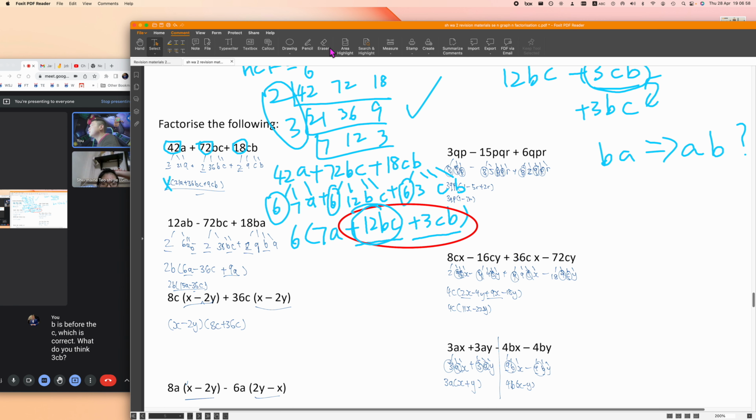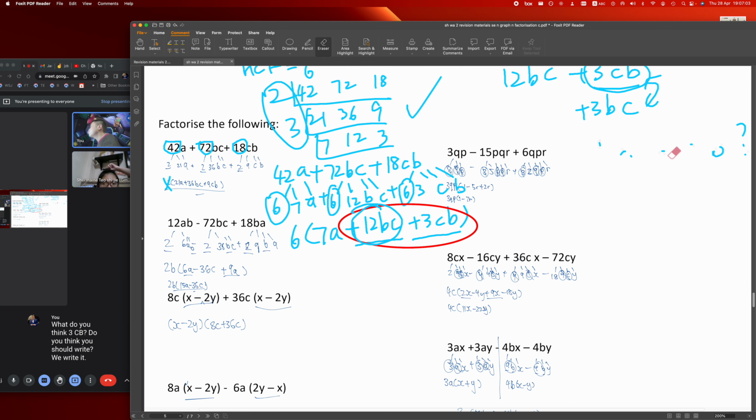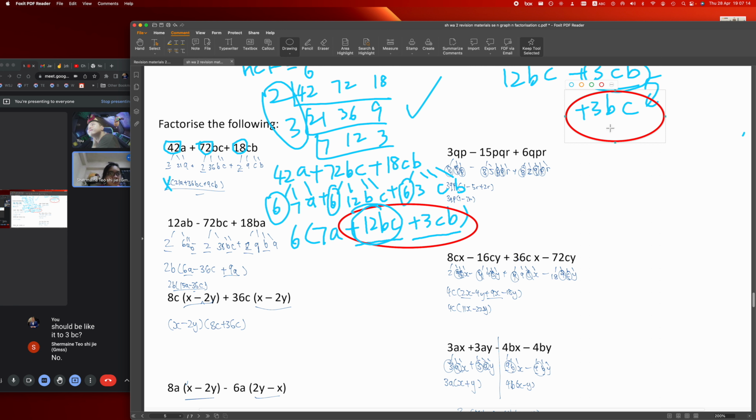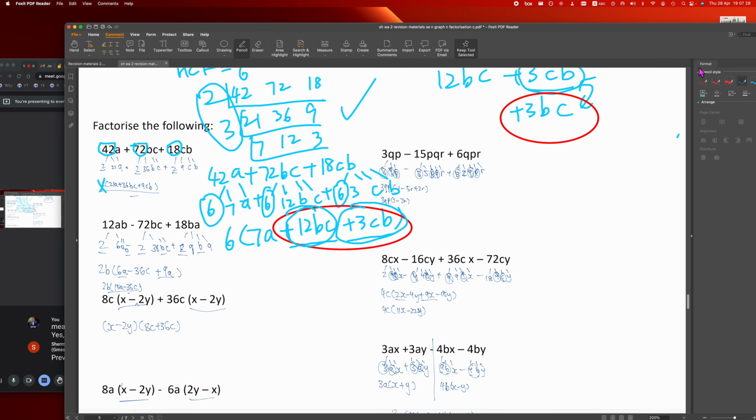Do you think you should rewrite it to 3BC? Yes or no? I mean this one. Yes or no?